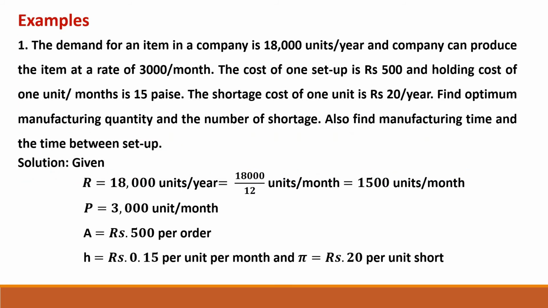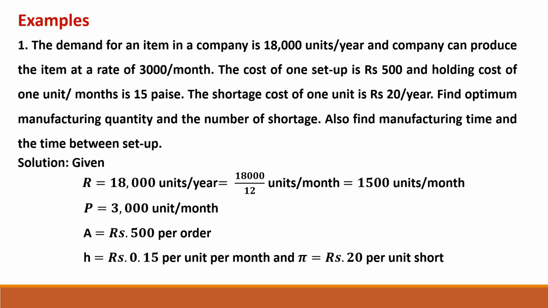Let us see two examples. First one, the demand for an item in a company is 18,000 units per year and the company can produce the item at a rate of 3,000 per month. The cost of one setup is rupees 500 and holding cost of one unit per month is 15 paisa.